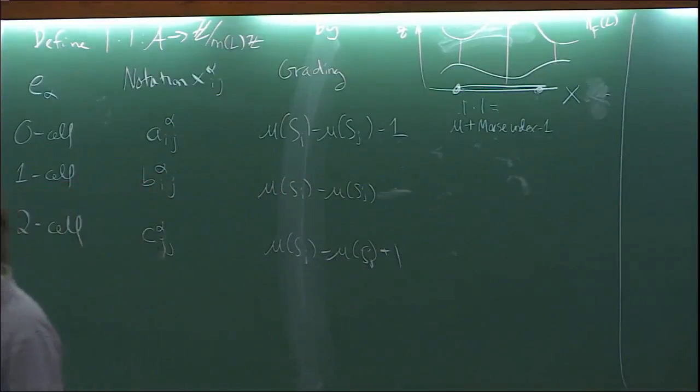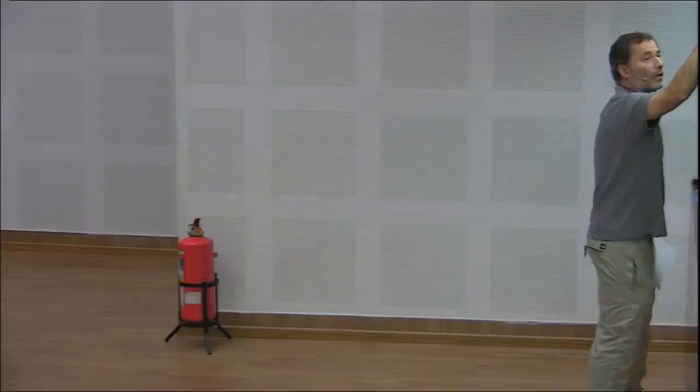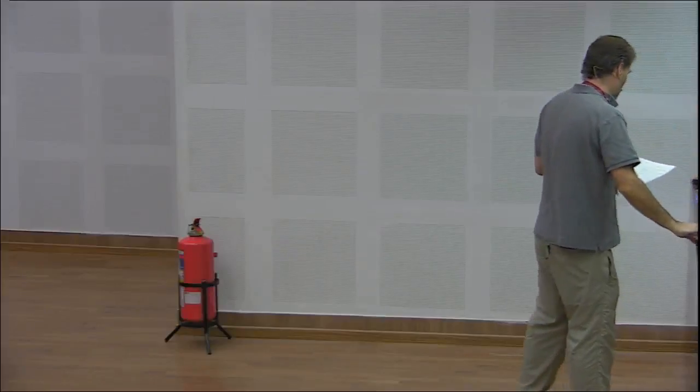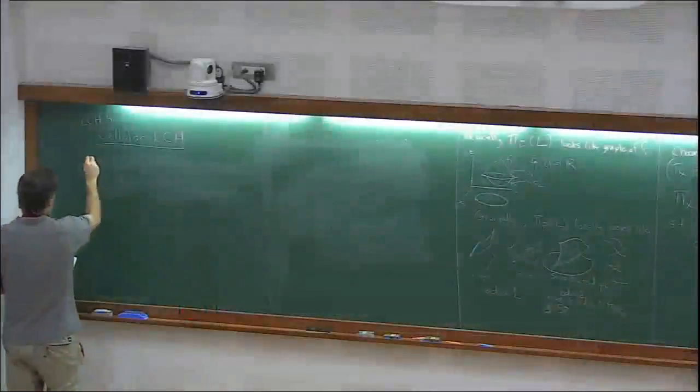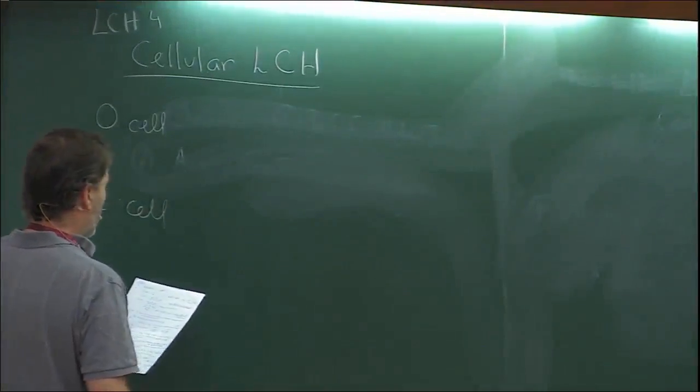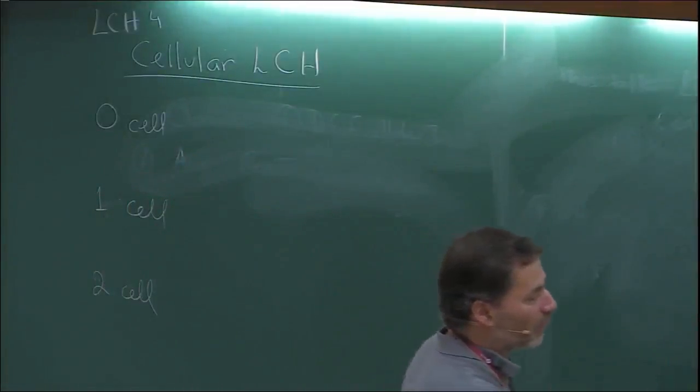All right, so now I have to do the differential. So again, I'm going to do it cell by cell. Okay, so supposing I have, first, I'm going to simplify some notation here. There's a lot of generators over a given cell.